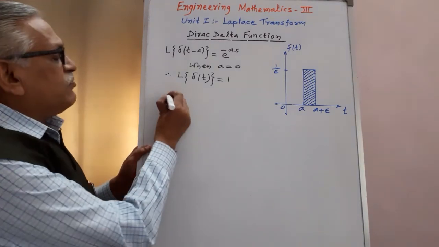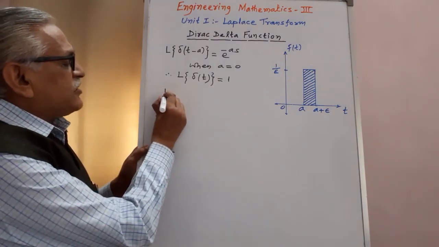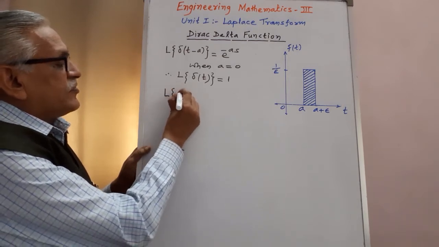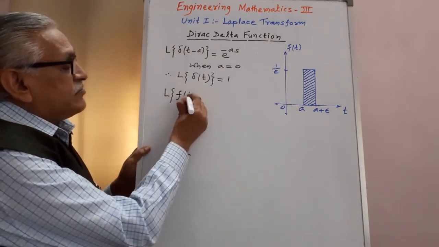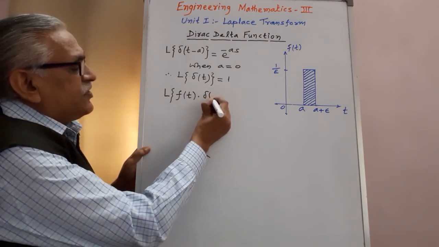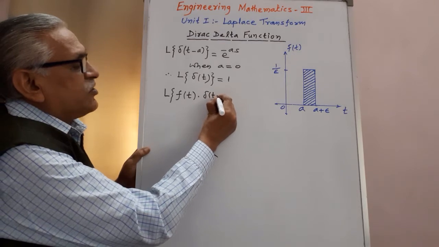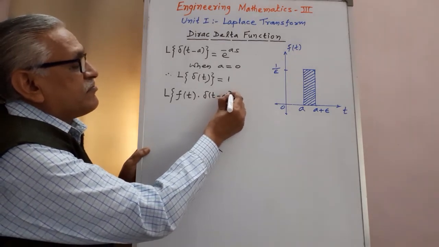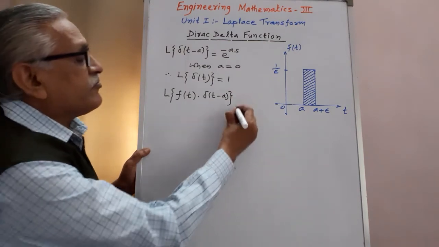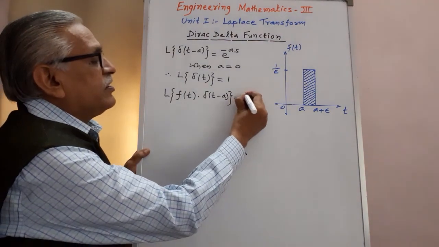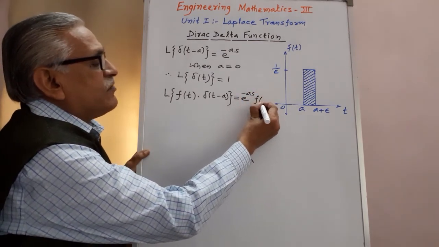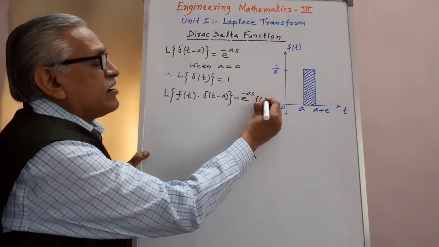Then one more result, Laplace transform of f of t multiplied by Dirac-Delta function delta of t minus a, is given by e raised to minus as into f of a.